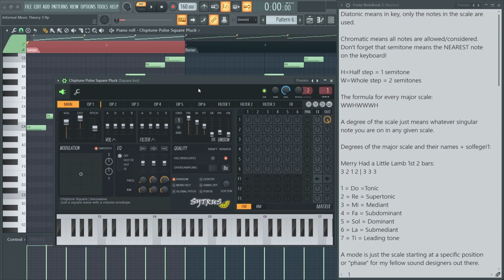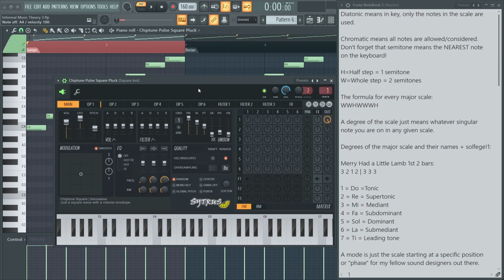So if we have C major, if I want the 1, 3, and 5, all I have to say is 1, 3, 5, which is just first note of the scale, third note of the scale, fifth note of the scale, or sixth note of the scale. I don't need to say, oh, this is a major 6 anymore. It's still true, don't get me wrong, but it's way easier to communicate between musicians when talking about this sort of thing.